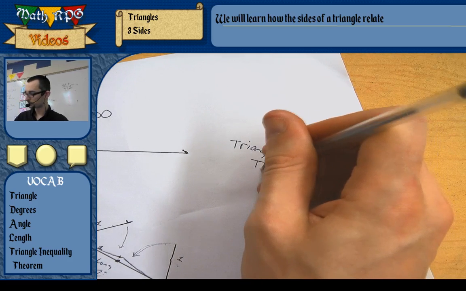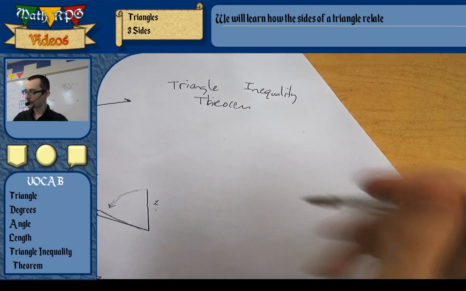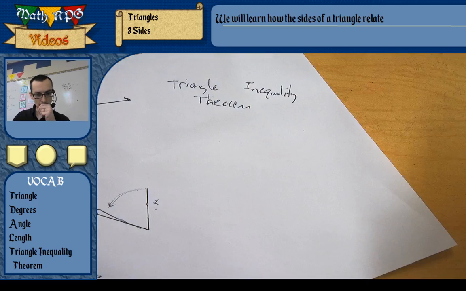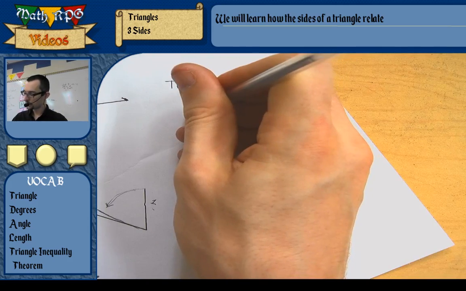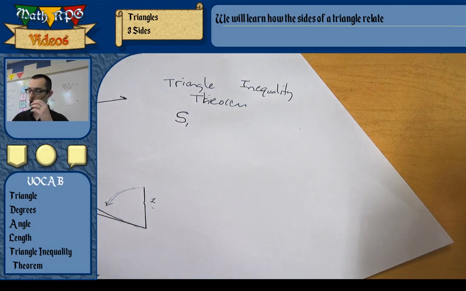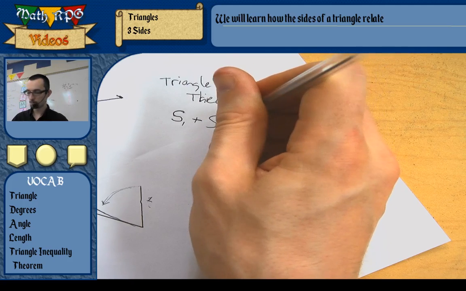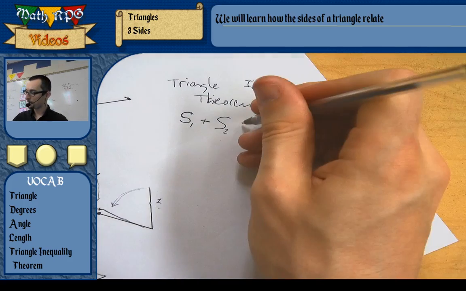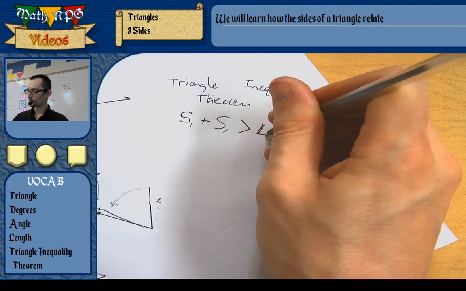In this case it means if you take the first short side of a triangle and add the second short side of a triangle, your answer has to be bigger than what's called the long side of a triangle.